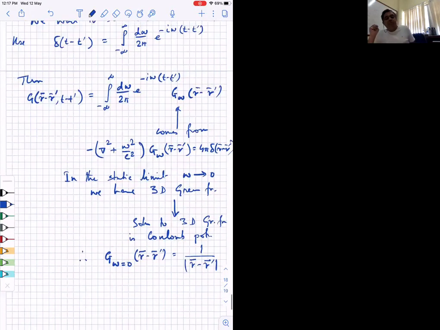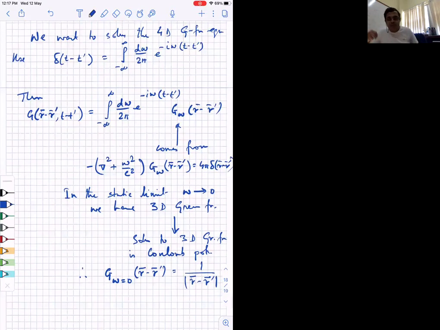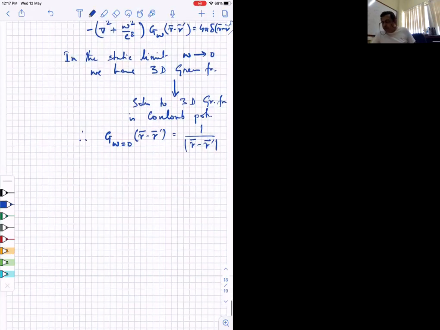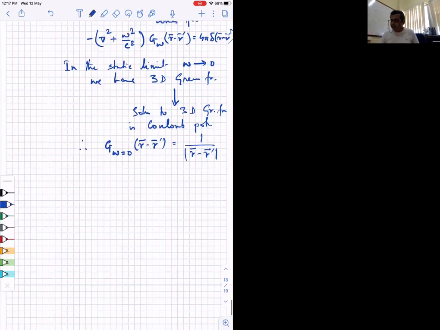Now, to progress more, we want to make one more, not assumption, but one more thing: since this only depends on the separation of the two coordinates, the source and the field, we can basically say that the source is at the origin.